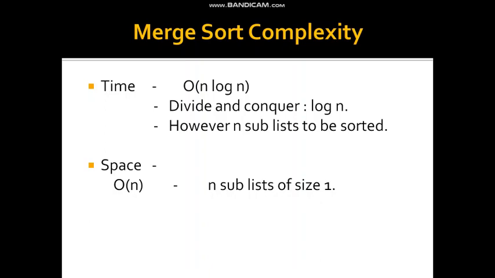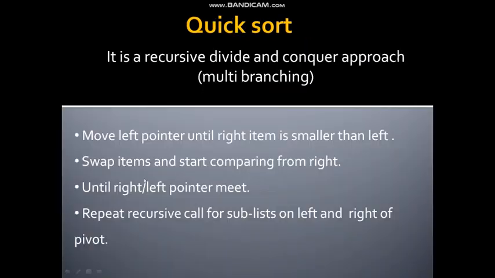Now our last algorithm is quick sort. It is also a recursive divide and conquer approach, but it is a multi-branching method. In this, we use two pointers, the left pointer and the right pointer. We move the left pointer until the right item is smaller than left, and we swap and start comparing from right.